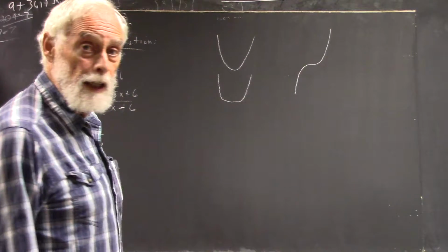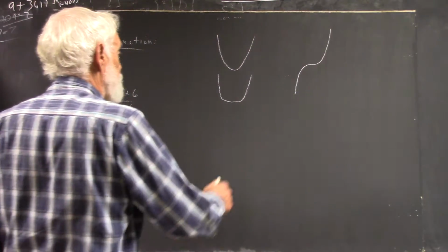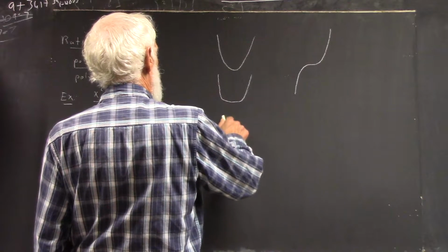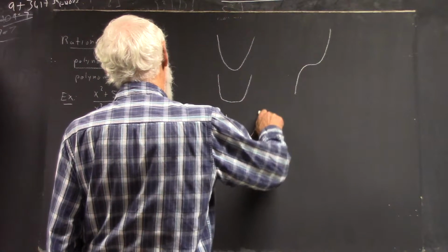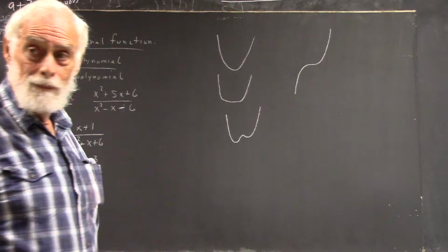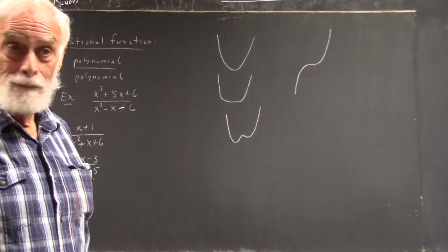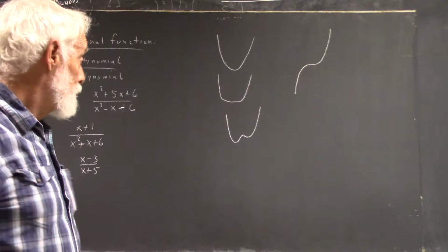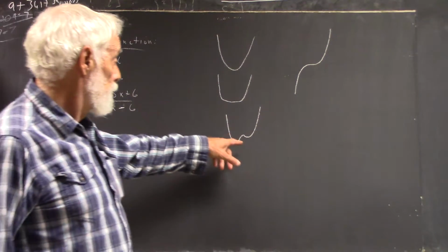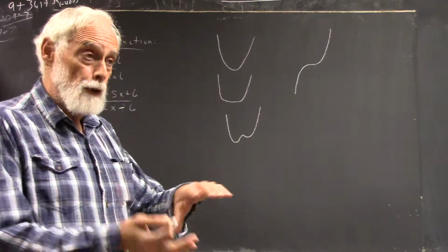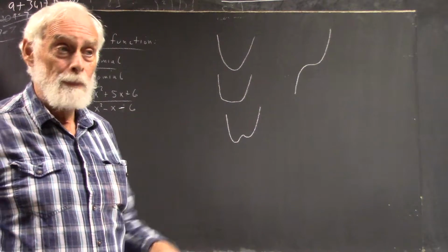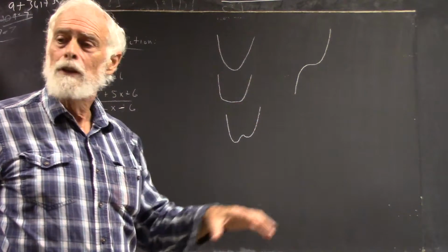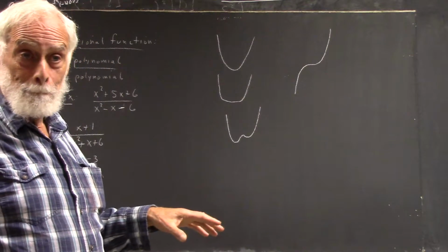Other things that can happen. You could have this one, but it does this sort of thing. Okay? And we'll see how that arises. It's not too hard to understand if you know how to add functions, okay, graphically. But that's something that's still challenging, okay? We've done it.